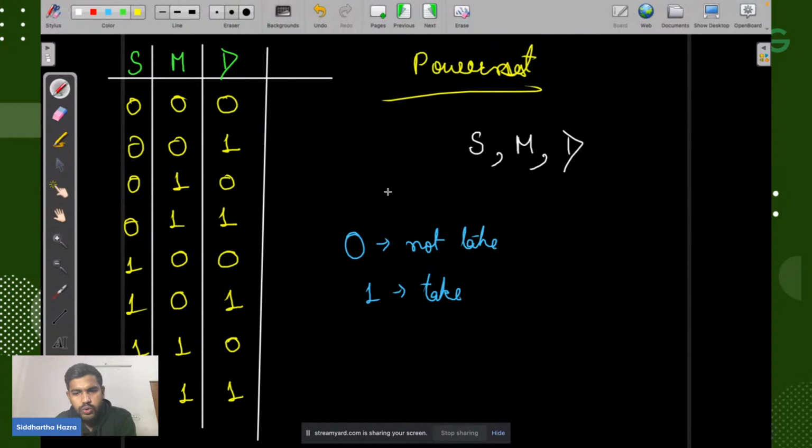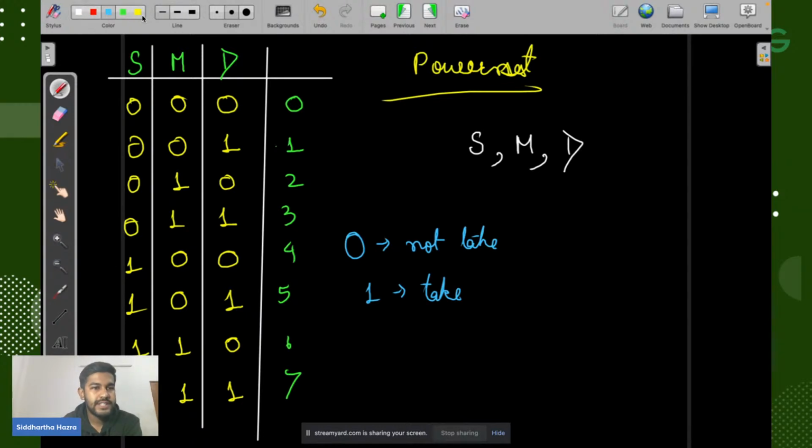If you just observe, the way of selecting for either of us is nothing but a traversal, the binary representation of 0, 1, 2, 3, 4, 5, 6, 7.